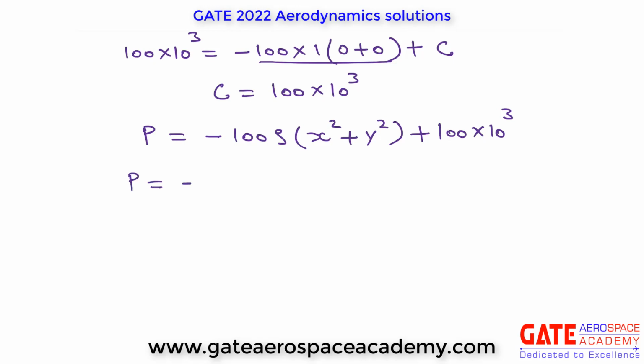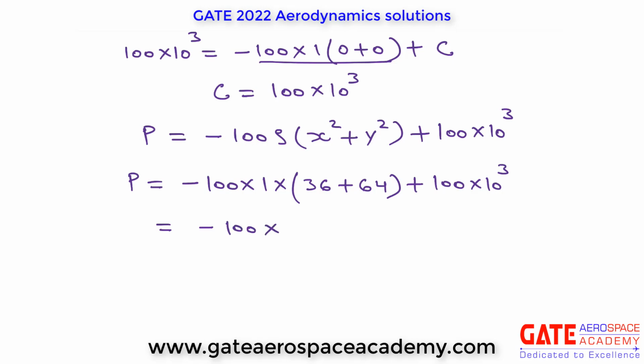P is equal to minus 100, rho is 1 kilogram per meter cube, x is equal to 6, so 6 raised to 2, 36, y is equal to 8 raised to 2, 64 plus 100 into 10 raised to power 3. So this will be minus 100, 36 plus 64, 100 into 10 raised to power 3.